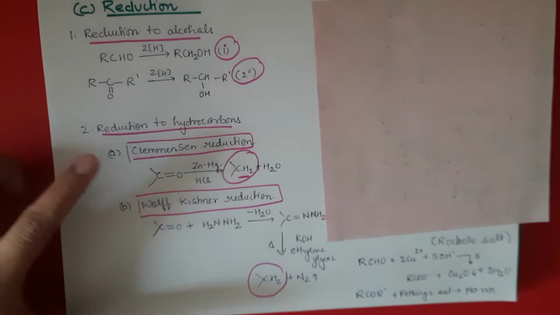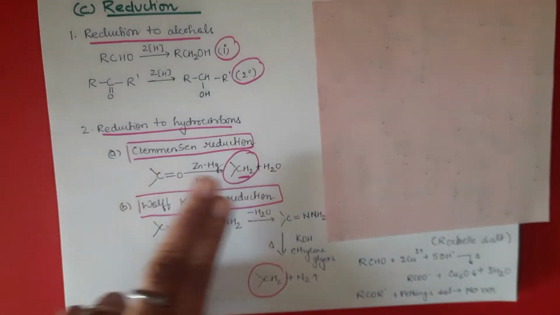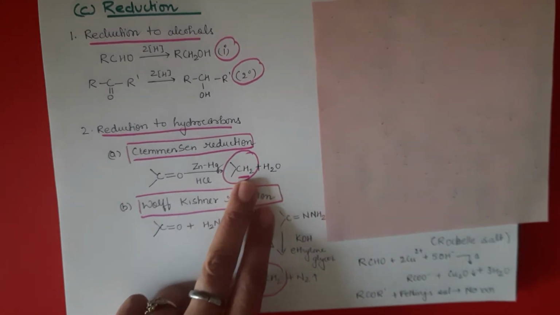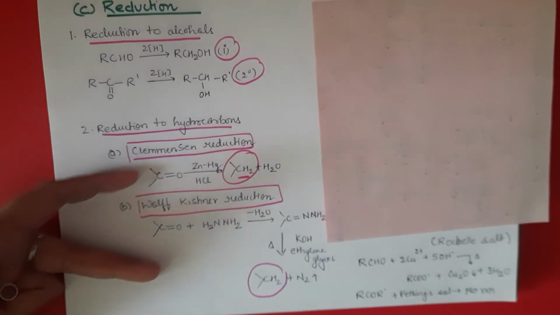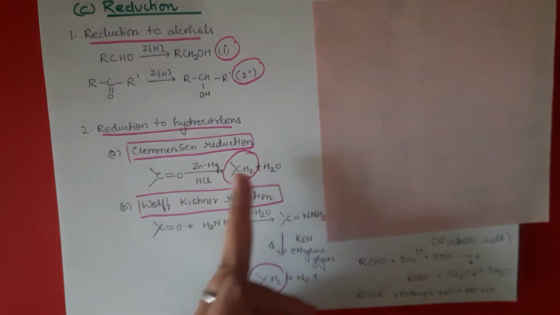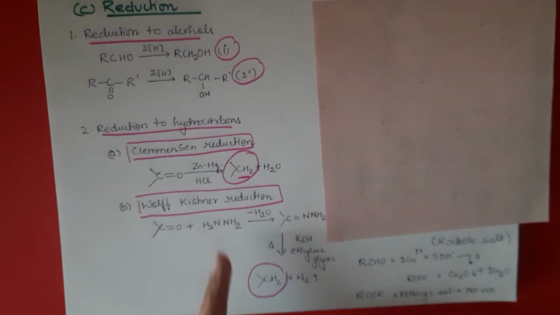So in both Clemmensen and Wolff-Kishner reduction, the carbonyl carbon is reduced to CH2, but by treating it with two different reagents. You have to learn that in Clemmensen reduction we use zinc amalgam in HCl, and in Wolff-Kishner reduction we use NH2NH2.